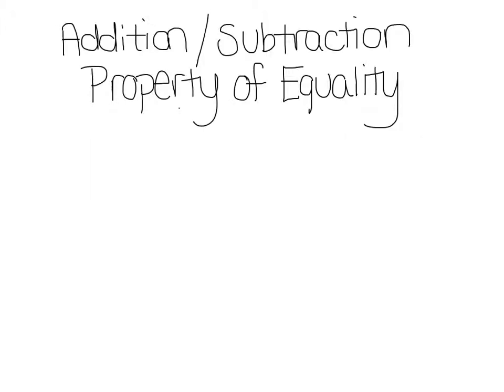With the addition and subtraction property of equality, all you're doing is adding to one side and therefore adding to the other, or subtracting from one side and therefore subtracting from the other. So take, for instance, the equation x plus 5 equals 9. This is on your algebraic properties review sheet. In order to solve this equation, you would subtract 5 from both sides. We know this.